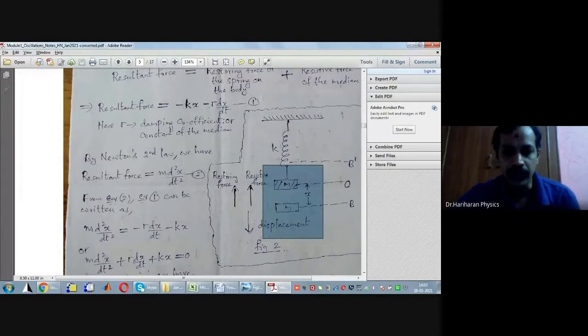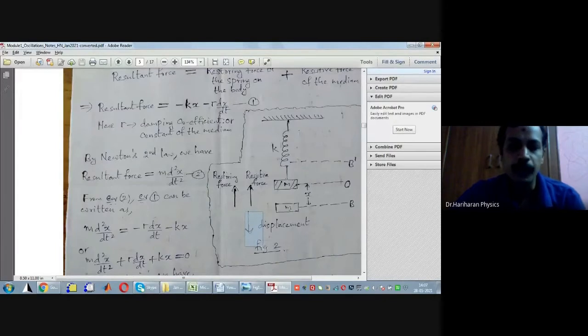When I pull the object and leave it, what happens? There were the restoring force of the spring, and the resistive force offered by water for the vibrating body. If I pull the object in the downward direction, both these forces will act in the opposite direction.